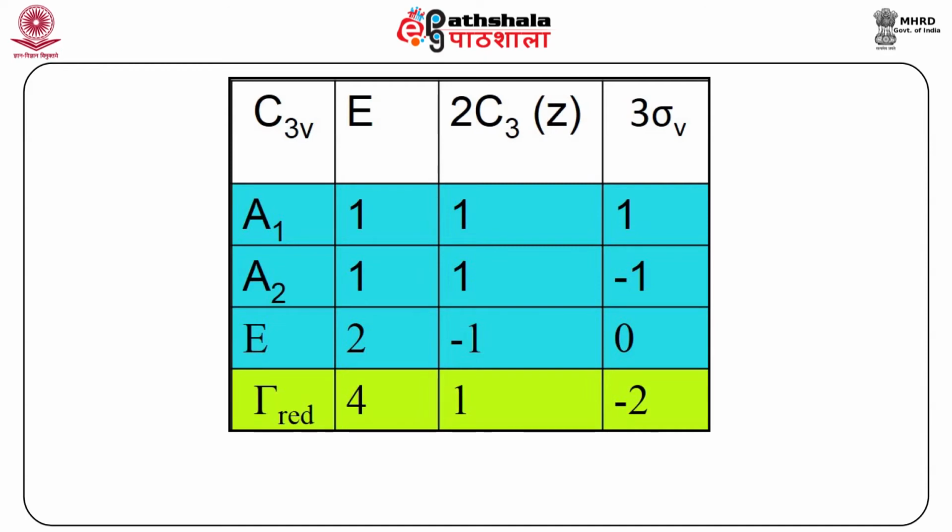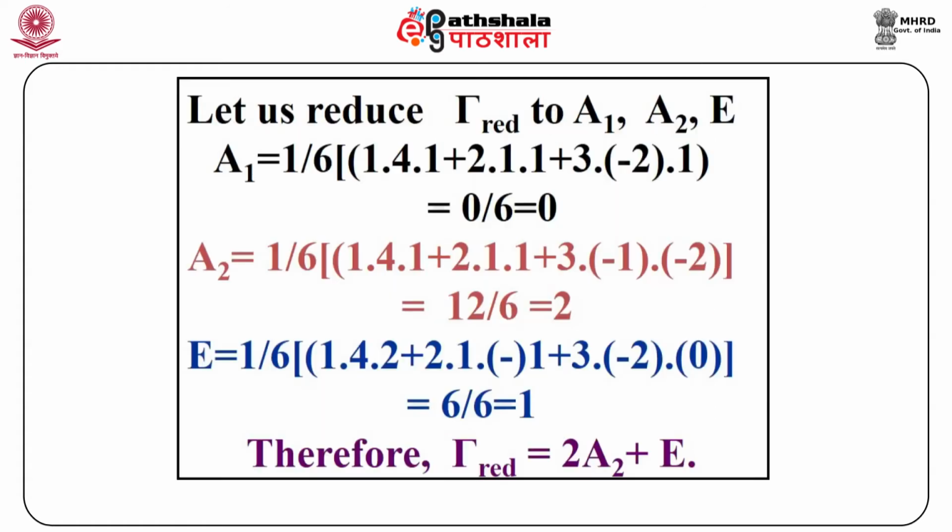And we have the irreducible representations in this point group as A1, A2 and E. The character for A1 is 1, 1, 1, for A2 1, 1, minus 1, for E 2, minus 1 and 0. Now we have tau reducible, the character for which is 4, 1, minus 2, and I want to reduce this tau reducible into A1, A2 and E.